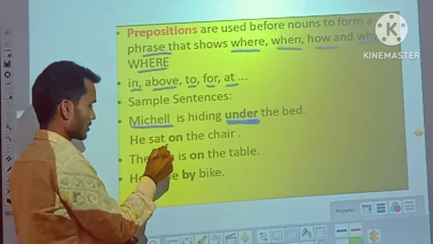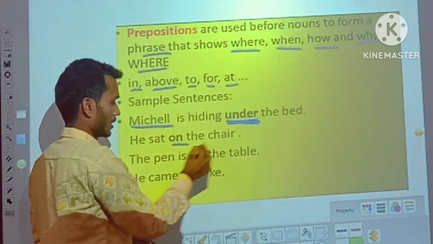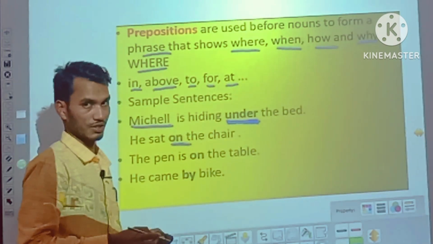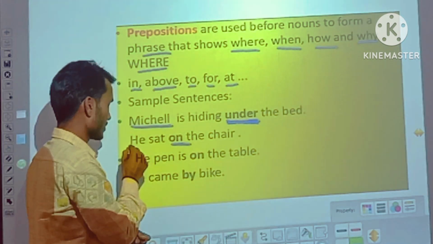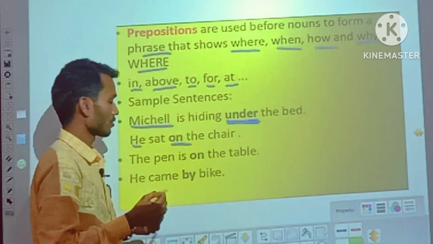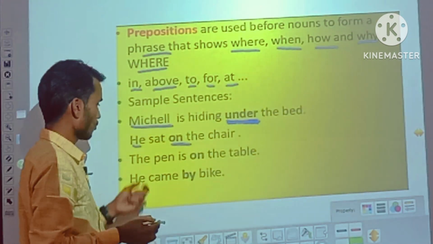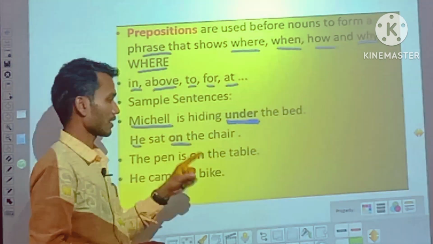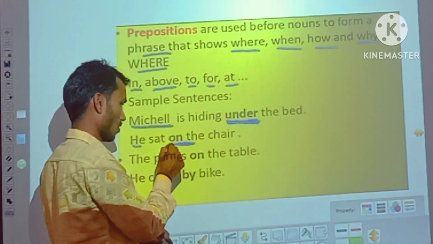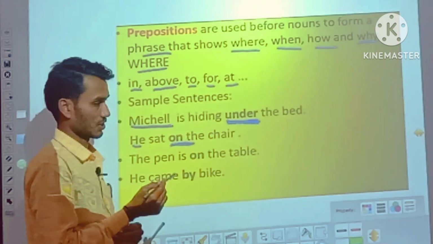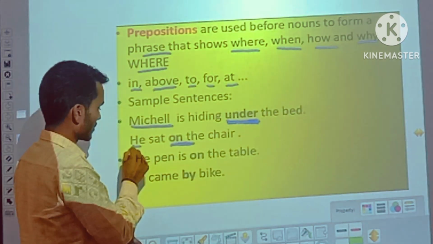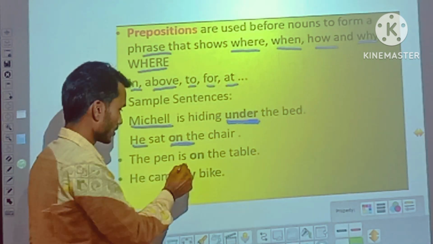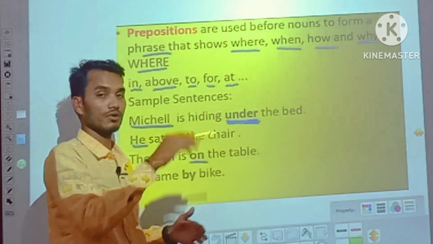Then, he sat on the chair. Here on is a preposition which tells the placement of the pronoun or noun. Where did he sit? He sat on the chair. Here on tells the place of a noun or pronoun. Then, the pen is on the table.